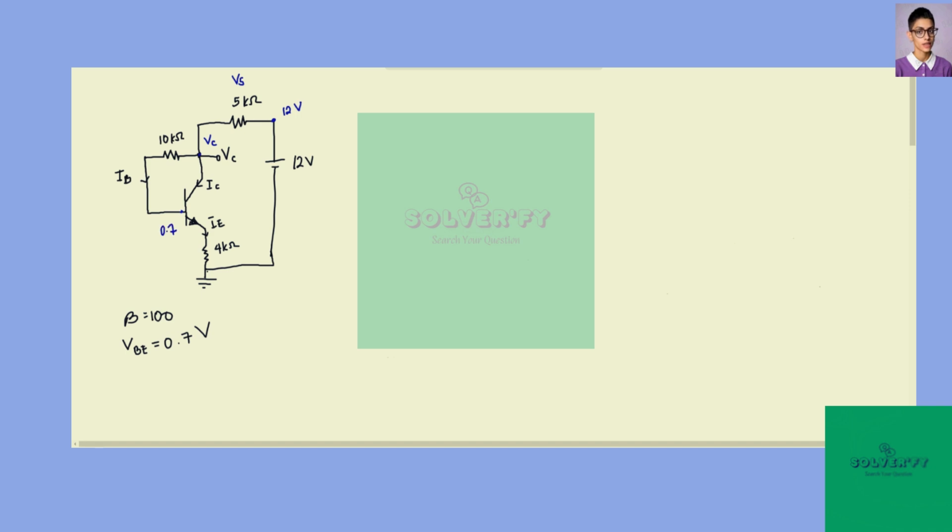We first start with Ohm's law: IB is equal to the voltage across the resistor over the resistance.